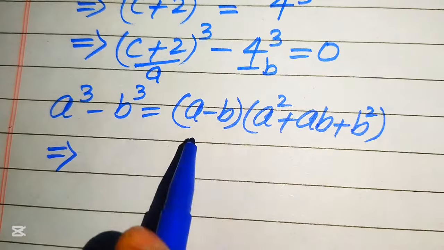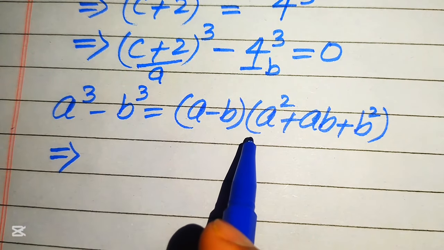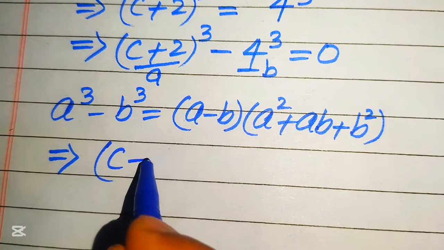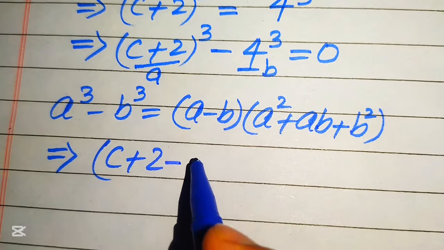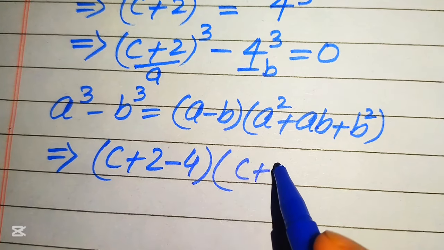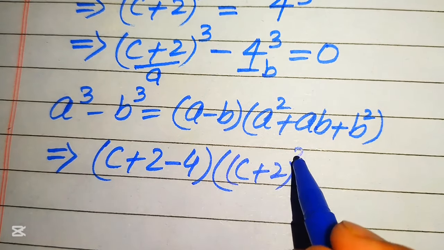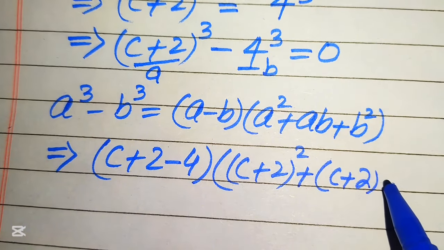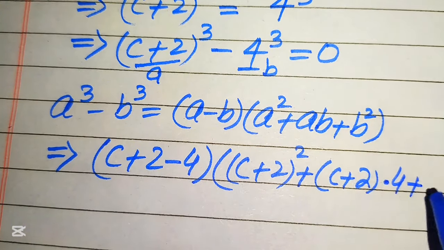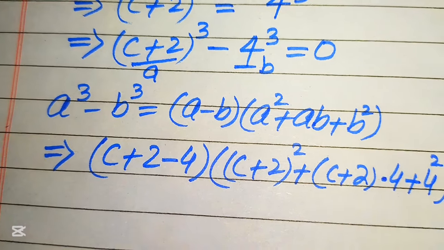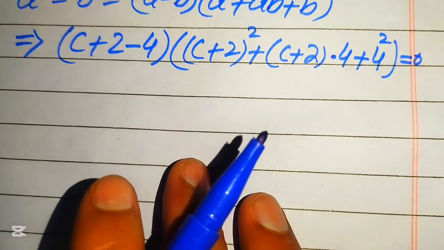We put these two values of a and b in the right hand side of this equation, so it will be written as: first you have a minus b, the value of a is c plus 2 minus the value of b which is 4, times, again we have a squared, a is (c plus 2) squared, plus ab, again our a is c plus 2 and b is 4, and plus b squared, so b is 4 squared, and this whole equation equals 0.